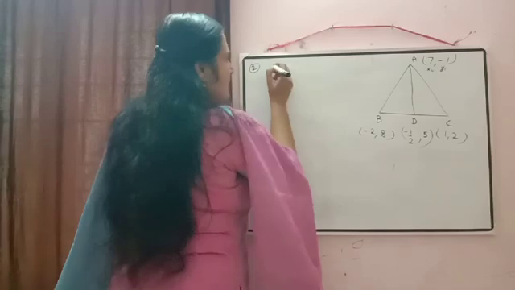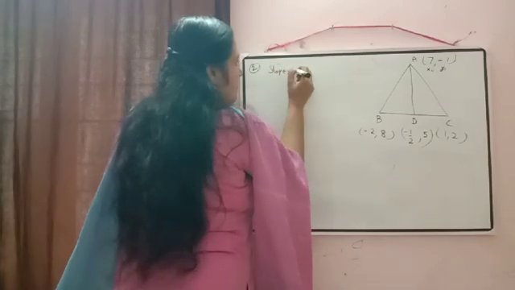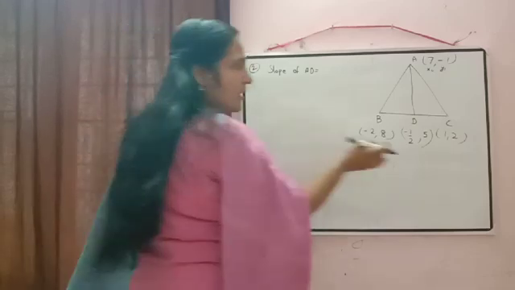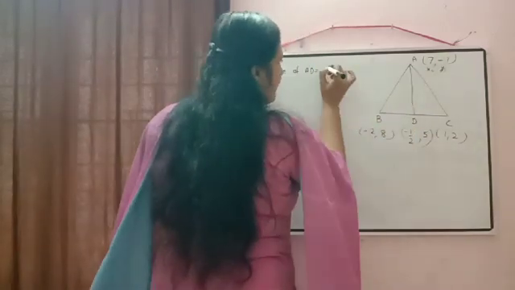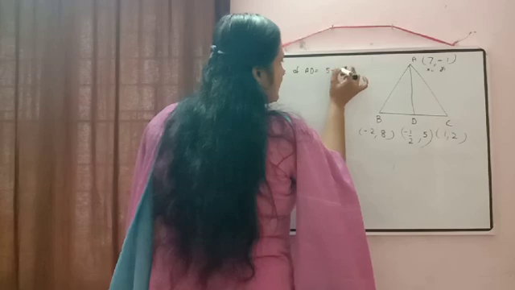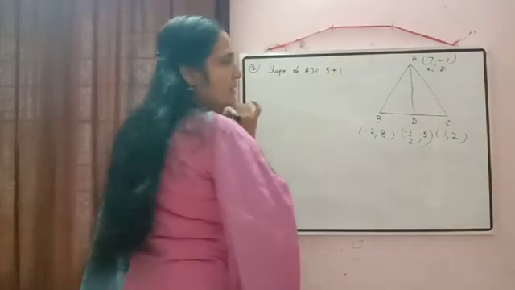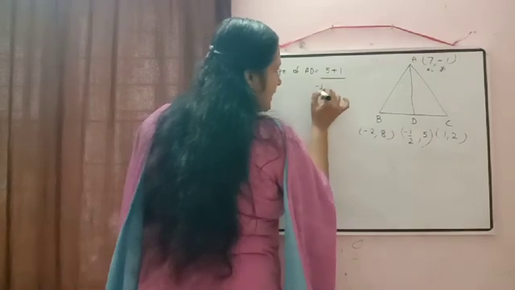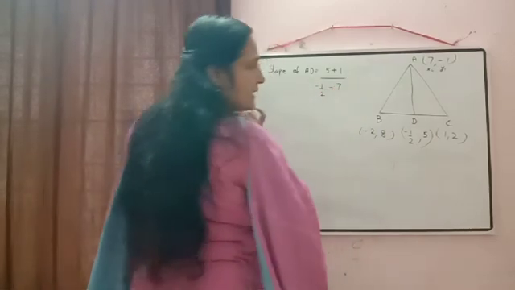So now first, can we calculate the slope of AD? Okay. So the slope of AD will be equal to, according to the formula, y2 minus y1, so we will get 5 minus minus 1, that will be 5 plus 1, by x2 minus x1, minus 1 by 2 minus 7.